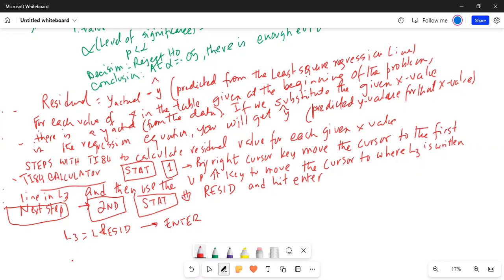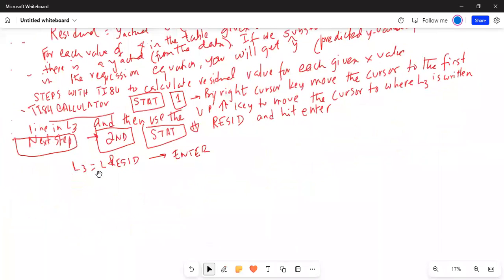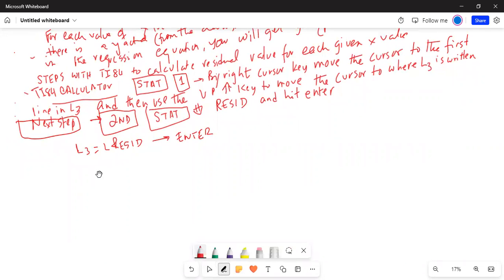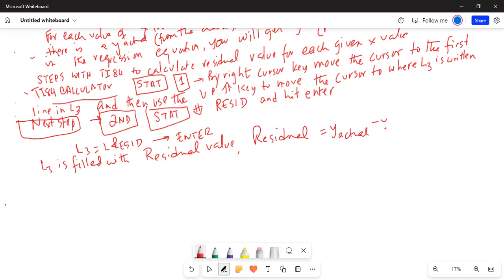Basically, L3 is filled with residual values. Remember, residual is y actual minus y predicted, for each x value.